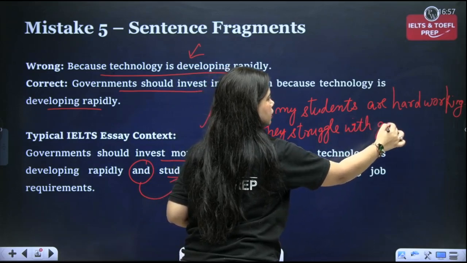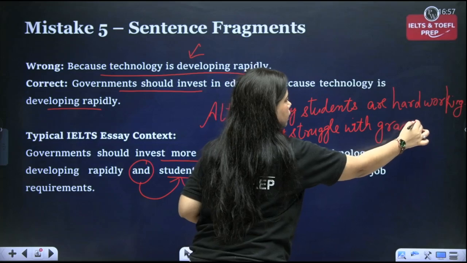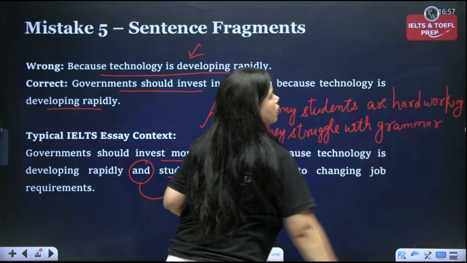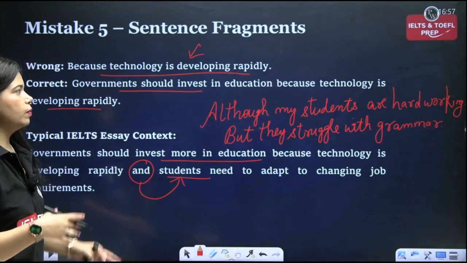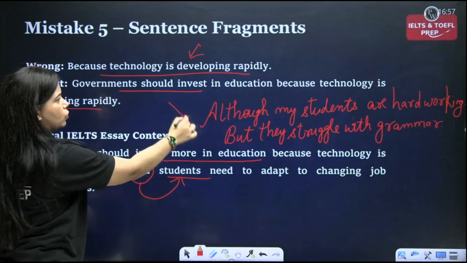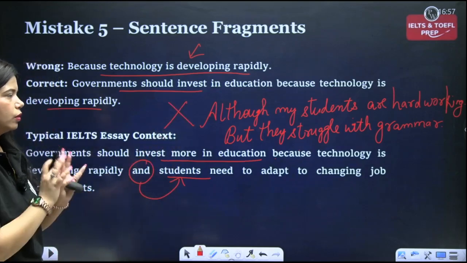What is wrong in this sentence? A classic error, using although and but together. Although my students are hardworking, but they struggle with grammar. Wrong. This is a wrong sentence.